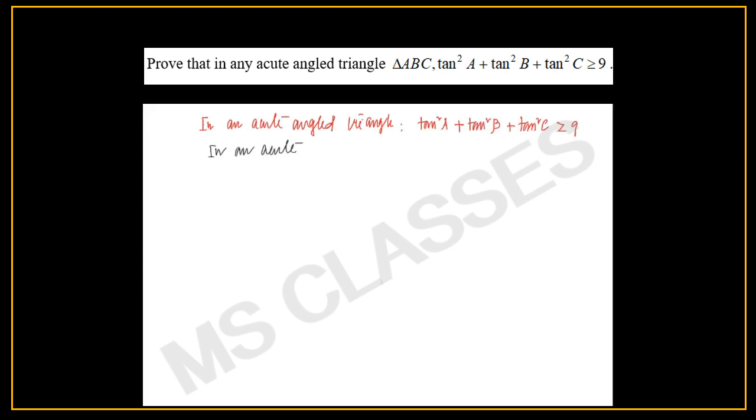In any acute angle triangle, we can write tan A plus tan B plus tan C equals tan A tan B tan C. These two are equal and both are greater than or equal to 3.